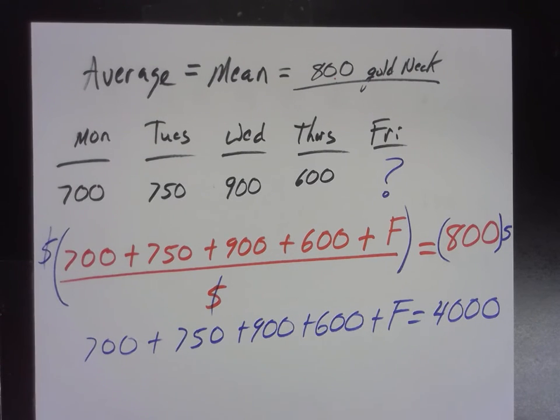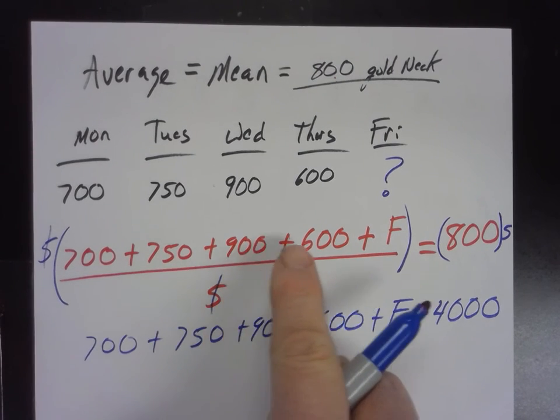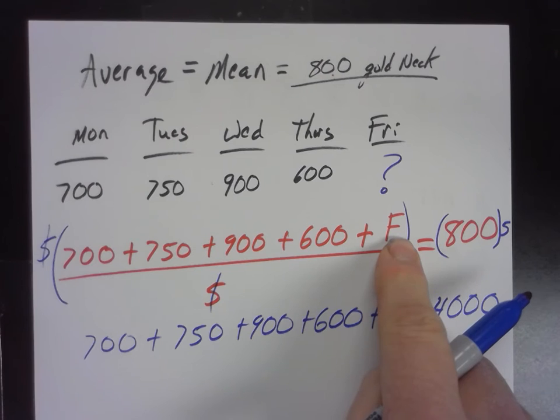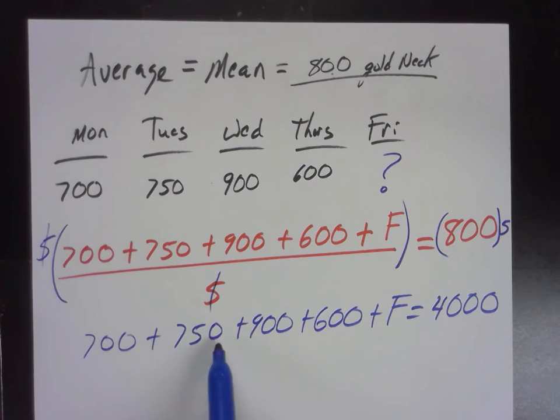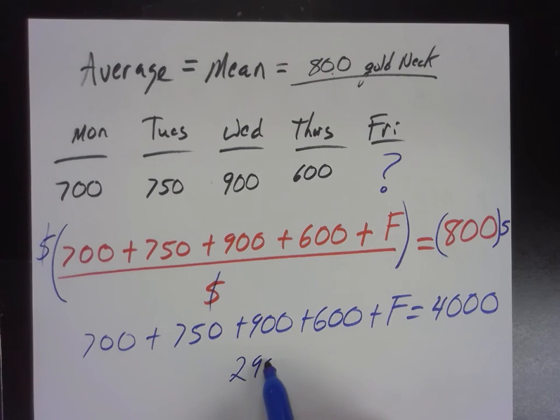If we think about it that way? See, I just put down everything I knew and put a variable for the one I didn't know and then say, well, I want to divide them by 5 and the answer to equal 800. There's my equation. So now we add all these together and you probably come up with 2,950.